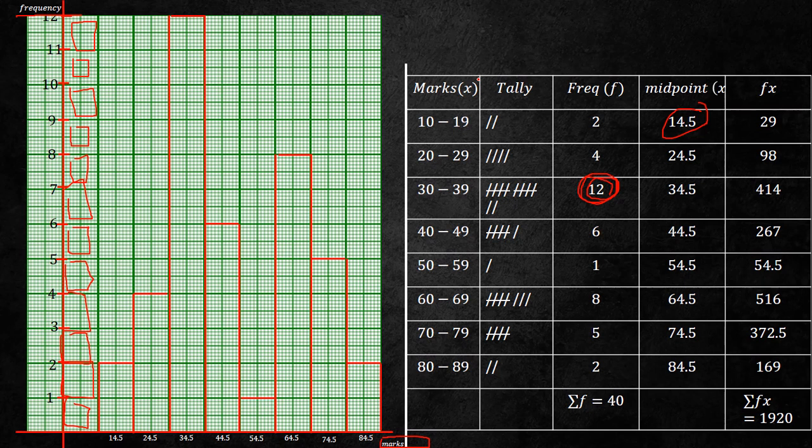Now if you want to know the scale to use, it is going to be the highest number over here, in this case 12, divided by the number of boxes, in this case 12 as well. When I divide this, I get my answer to be 1. That is why I'm using 1 unit for each 2 centimeter box you see over there. So that is the scale I used.